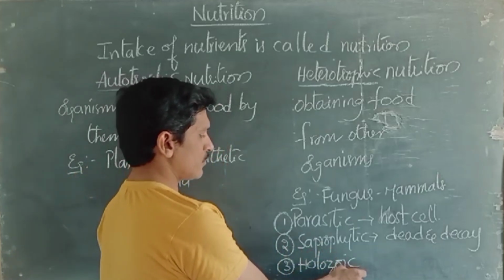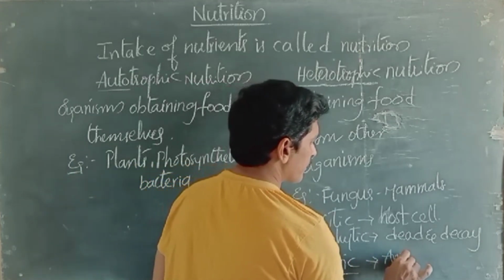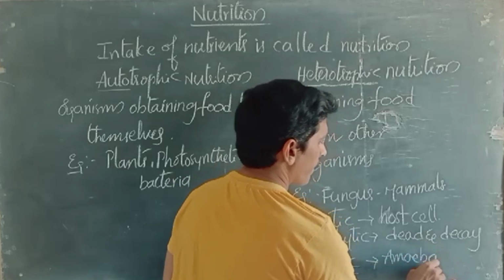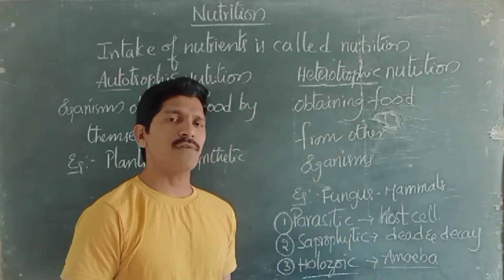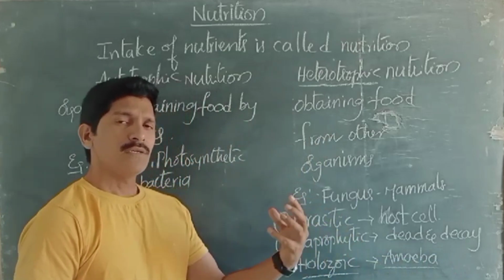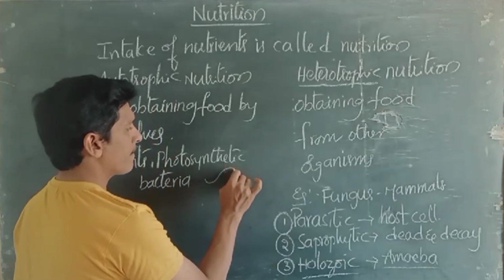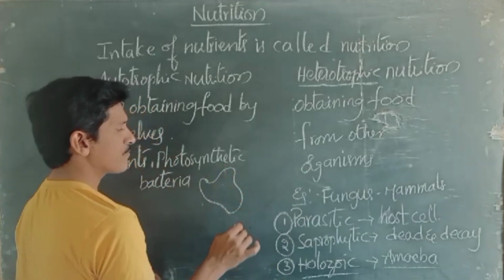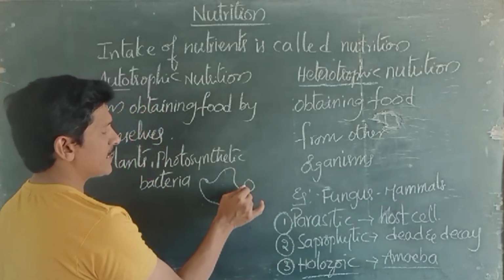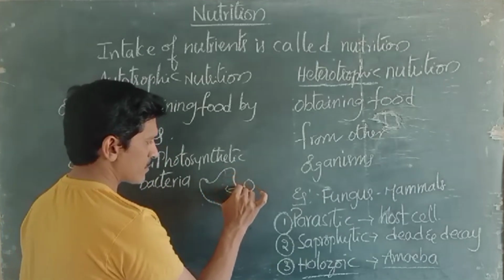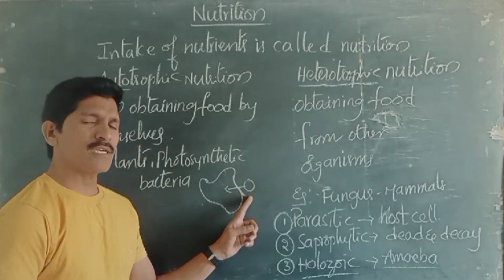Later, holozoic nutrition. Holozoic nutrition we can see in amoeba, for example. Here the organism obtains food material from outside the body directly through the body surface. If the amoeba finds any kind of food material, it directly enters the body through the body surface, which means digestion will not occur outside the body.